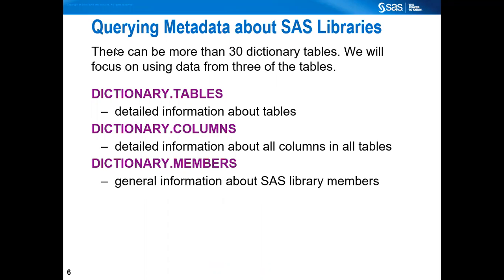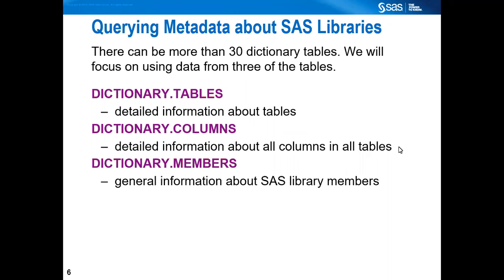There can be more than 30 dictionary tables. We will focus on using only these. When we write dictionary dot tables, this is a two-level way of referring to it. It gives detailed information about tables. If you want to query columns, you query dictionary dot columns, which gives detailed information about all columns in all tables.